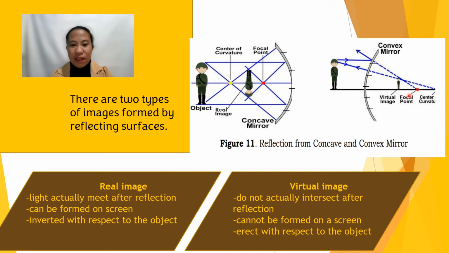It forms an erect image behind the mirror. Why behind? Because they don't intersect in front, but virtually they intersect behind the mirror. So that is the convex mirror, the diverging mirror. Whereas the concave mirror, because the light rays intersect in front, it is also called a converging mirror.